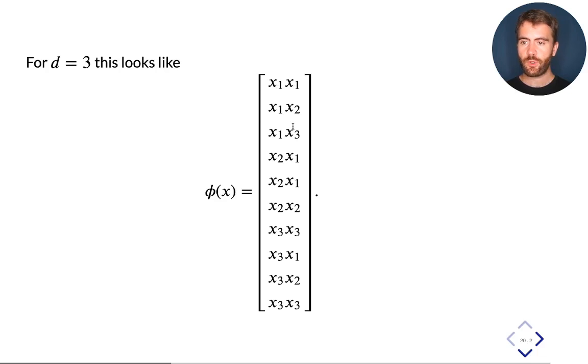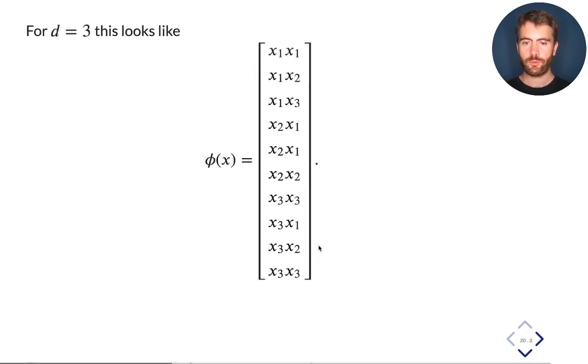And this corresponds to a second degree polynomial over a three-dimensional input, because the highest degree within all of these terms is 2. x1 squared, here we have also x2 squared, and we also have x3 squared. So here I have all the products of the two attributes.